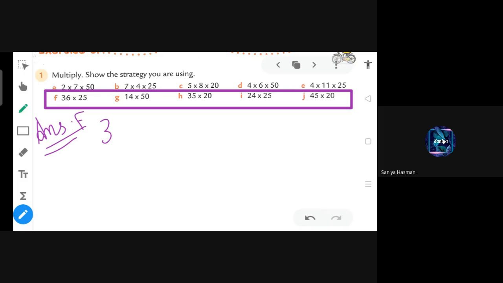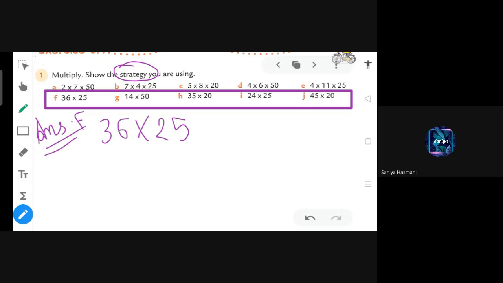So this is the question, 36 multiplied by 25. Here you can see only two numbers are given, not three numbers like that question. So when only two numbers are given, and the same heading is given, that multiply and show the strategy. Multiply also has to be done but the strategy has to be used. Not that it's the wrong multiplication. That's why we are using this shortcut trick. Why? Because of what is given in the heading.